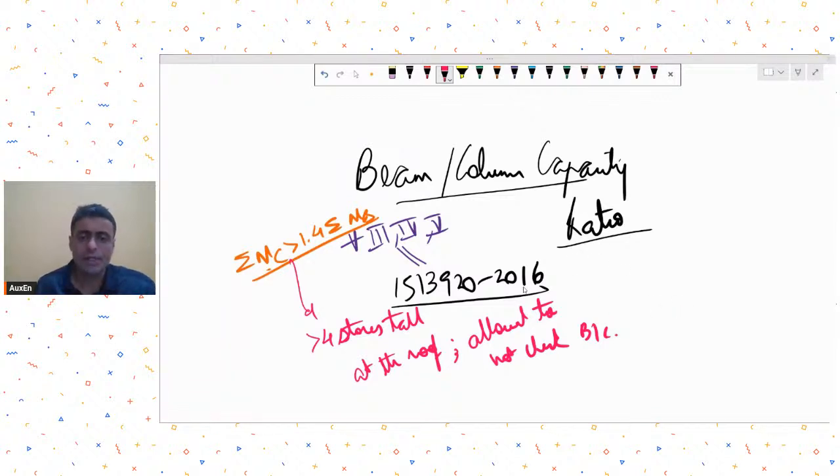Otherwise, you have to check, and those processes are clearly given in 13920. You may go through them. So in ETABS, his question is, should we put no in the design preferences when we are doing concrete design? The answer is, you cannot put a no over there. You have to consider the beam column capacity ratio check as per 13920. Okay, good. So this was his question.